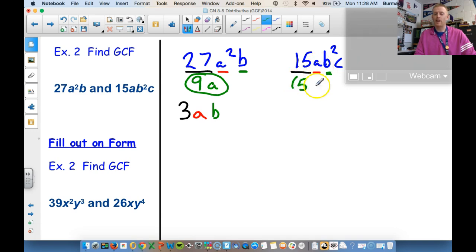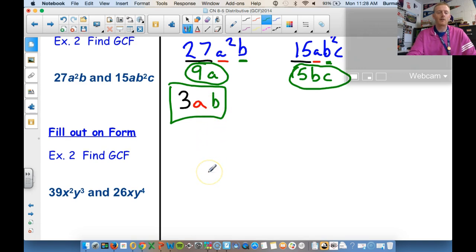The only a is gone. One of the b's is left, so there's still a b left over, and a c is left over. So we'd have 5bc left over. Now that process, folks, is something that we're going to be using more in the future, but this is what we found for our GCF. So officially our GCF is 3ab.